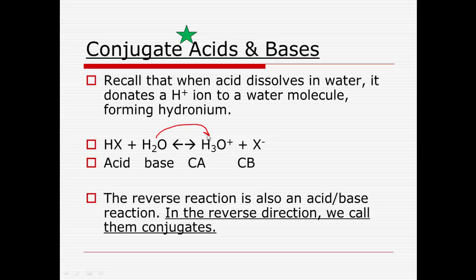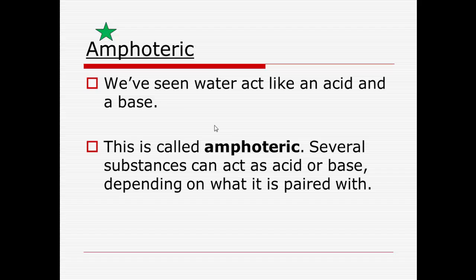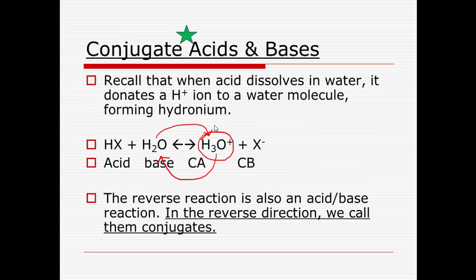So in that direction there, it's gaining a hydrogen. Who gains hydrogens? Bases. In the reverse reaction, we're losing a hydrogen. Who loses hydrogens? Acids do. So in the reverse reaction, the thing that we started with, we would call that a conjugate acid. Okay. You might want to write down the phrase, and I'm going to write this out for you.